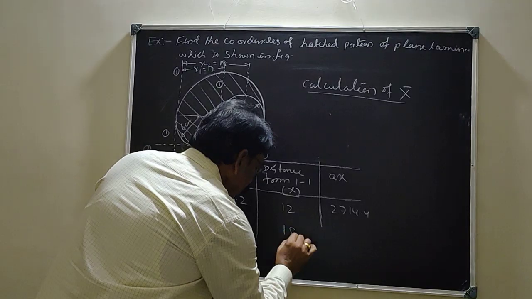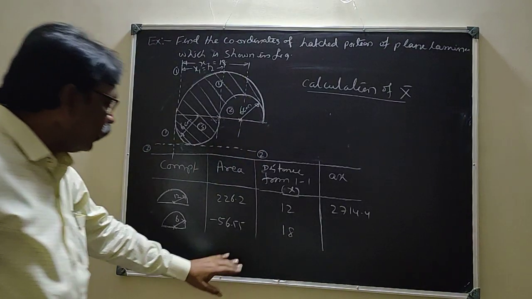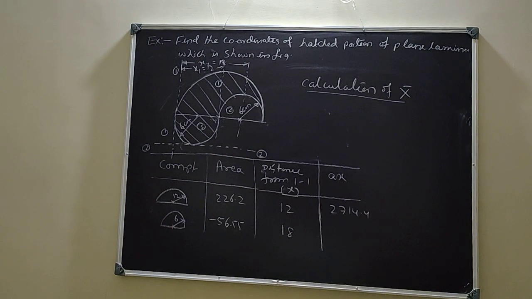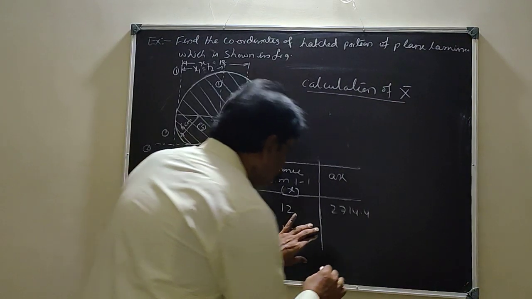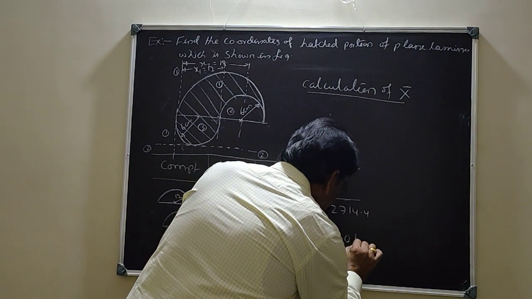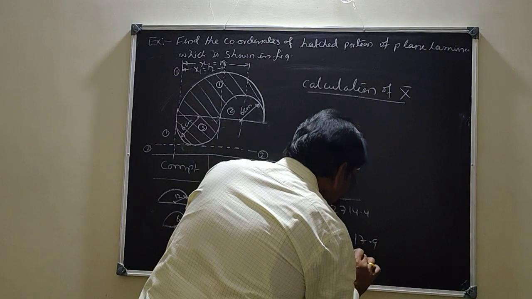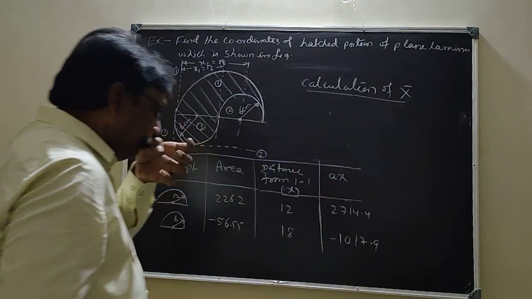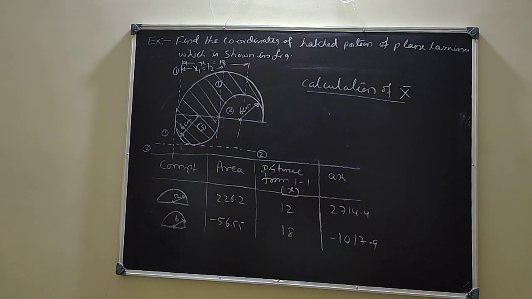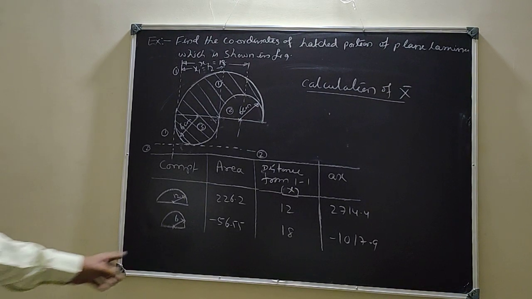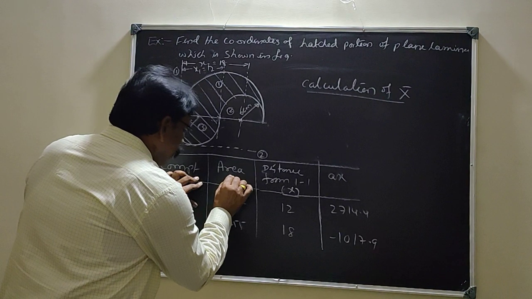So multiplying these two, you will get 1017.9. So that is negative, because multiplying this area onto this one. So this is area A.